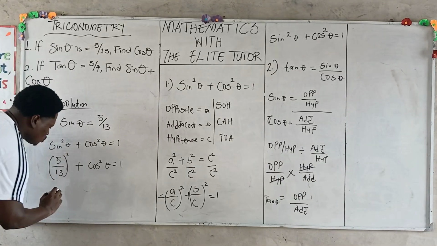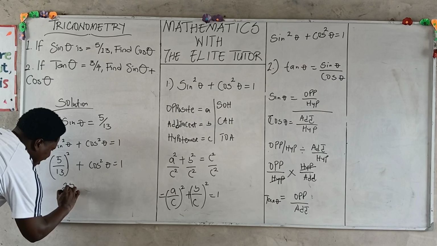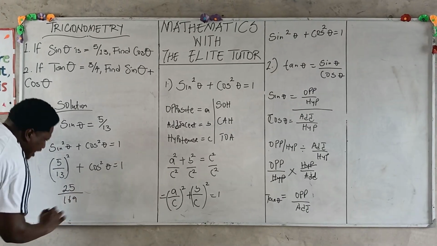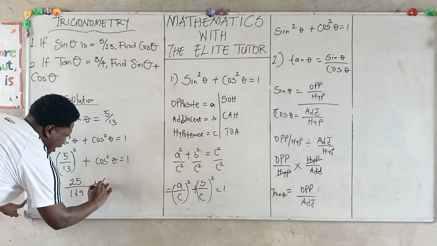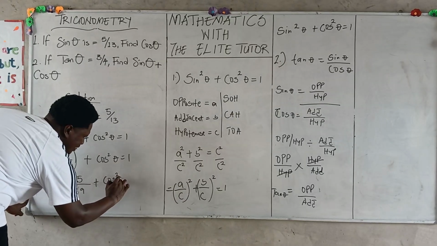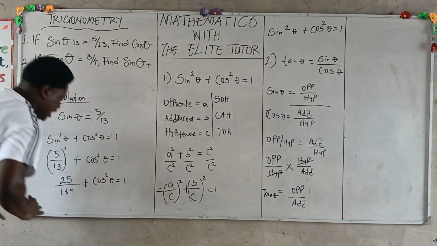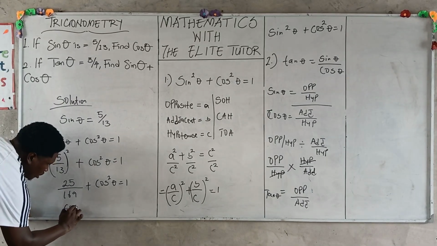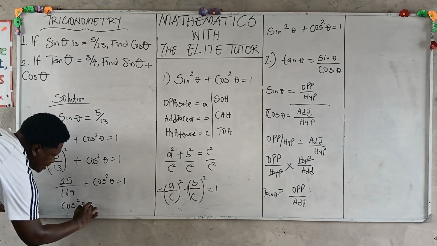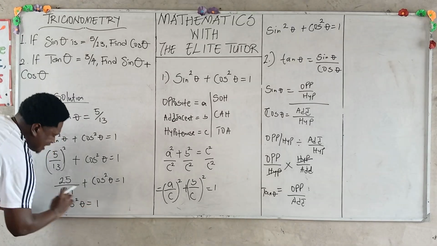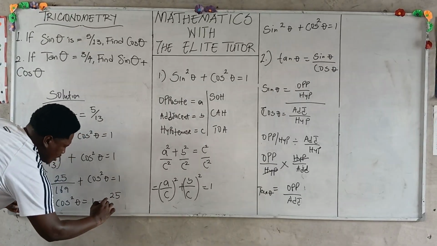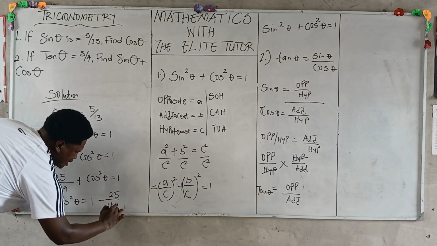So 5 raised to power 2 gives us 25 and 13 raised to power 2 gives us 169, plus our cos squared theta is equal to 1. So let's collect our like terms. We'll have cos squared theta is equal to 1. If this crosses over, it becomes minus 25 over 169.